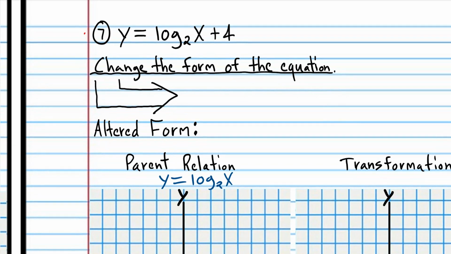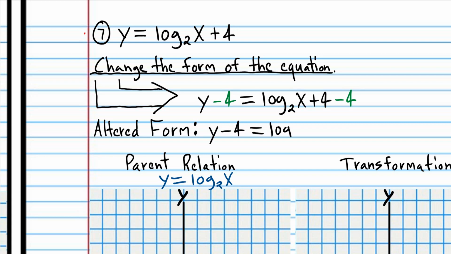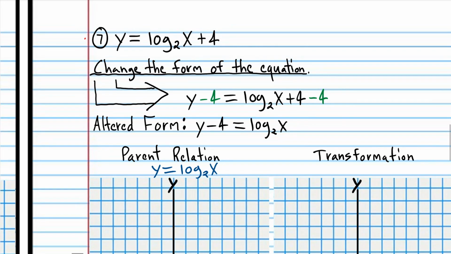So we have to change the form of this equation. We're going to subtract 4 from both sides, just like we did in all the other problems. And then we get y minus 4 is equal to log base 2 of x.